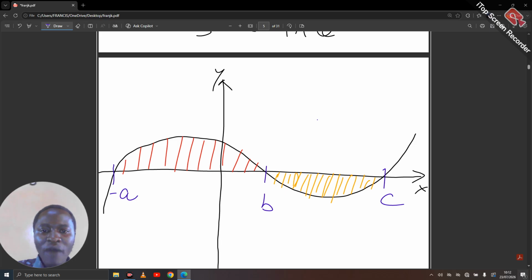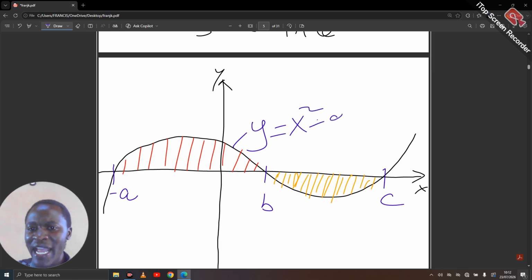Then we have our function. The function could be something like, let me just guess, y equals x squared minus 9x plus 10.